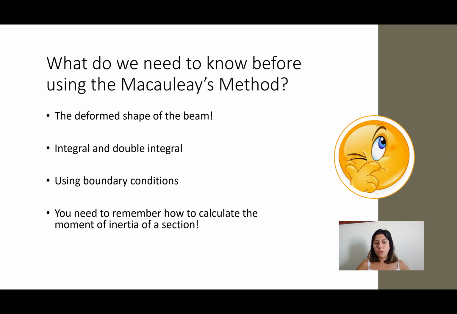You also need to be able to integrate and double integrate a formula or equation. You need to be able to use boundary conditions. And you need to remember how to calculate the moment of inertia of a section.